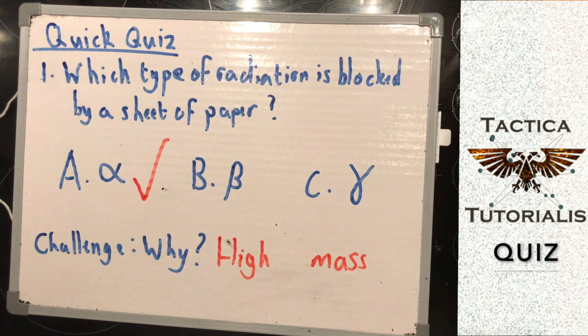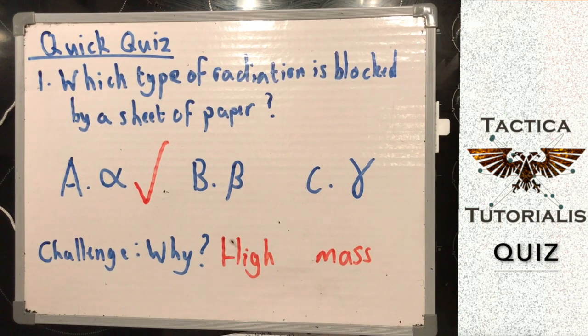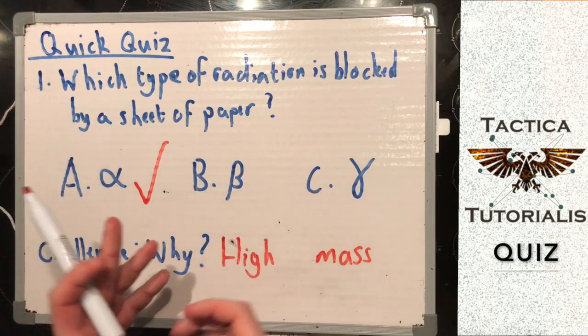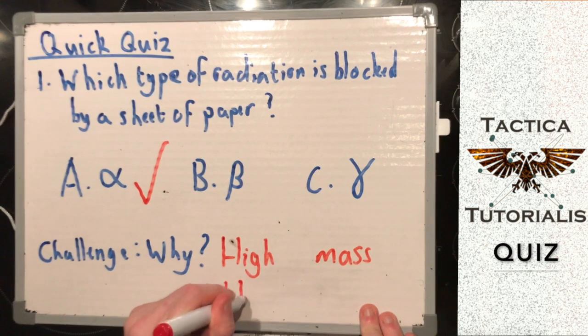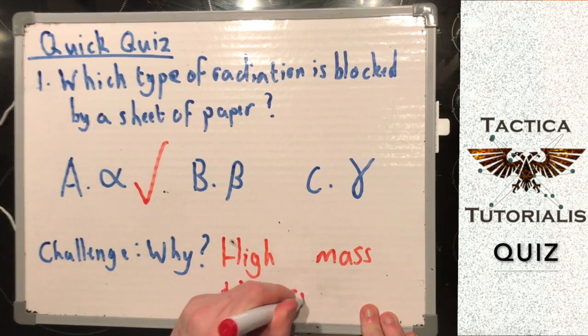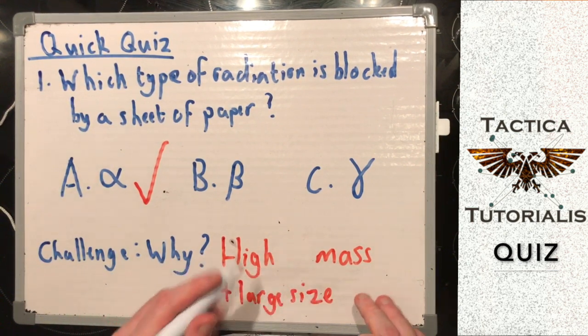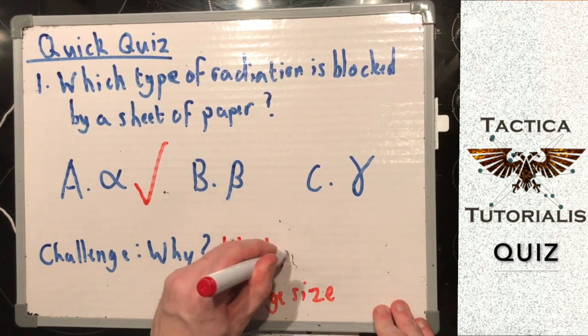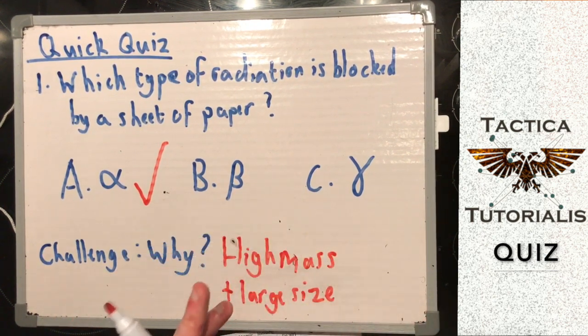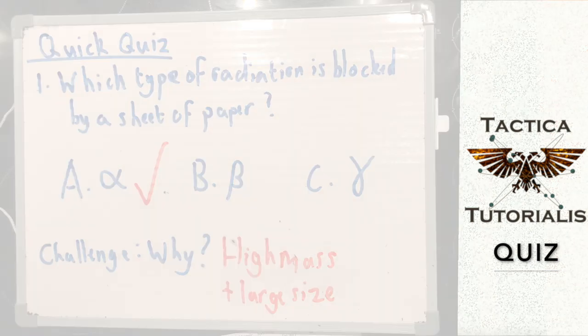Because it has a large or high atomic mass, it is very easy to stop. Remember, it has that low range in air. Because it's so big and so heavy, plus large size, second reason. So a high mass and a large size means that it is easily stopped and can be stopped by a sheet of paper.